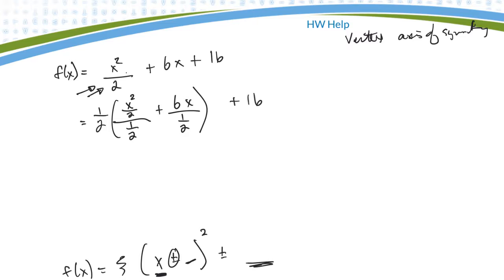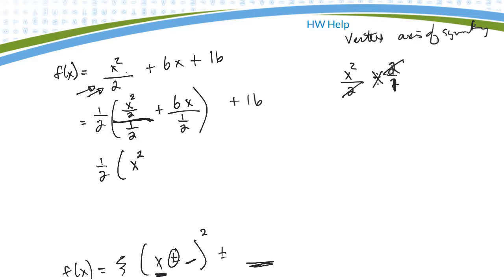So I don't factor the half out of the 16. Now, just over here on the side, I'm going to show you what happens with that x squared over 2 divided by a half. We know that if you divide a fraction, you multiply and you invert this one. And so the 2's cancel. So I'm just left with an x squared.